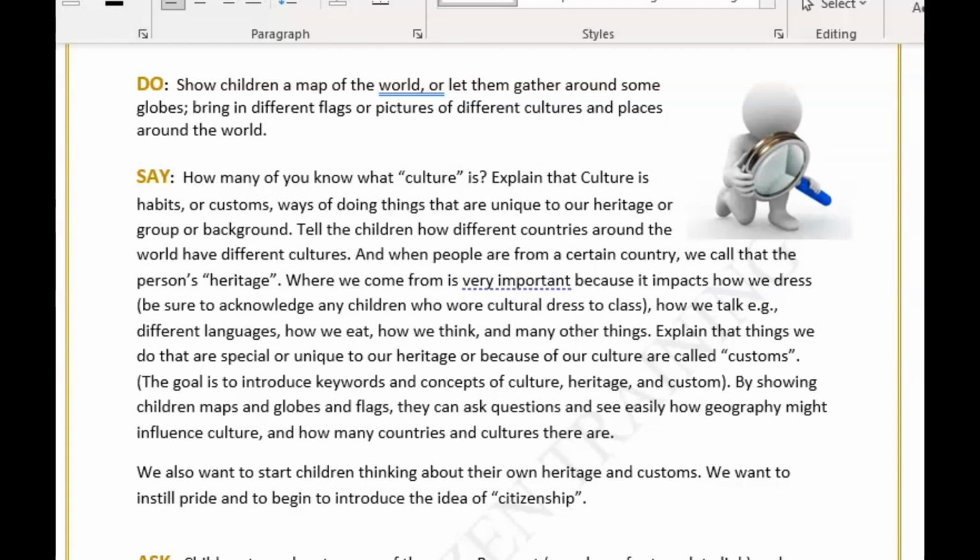And you can show them on a large globe or give them each tiny little globes. You can use atlases, all kinds of things. I like to give them little magnifying glasses and let them look at the various countries.